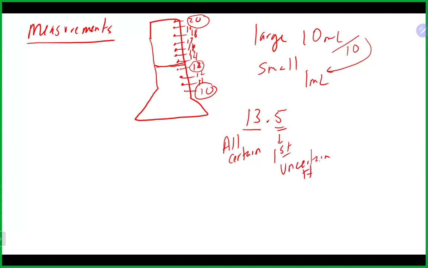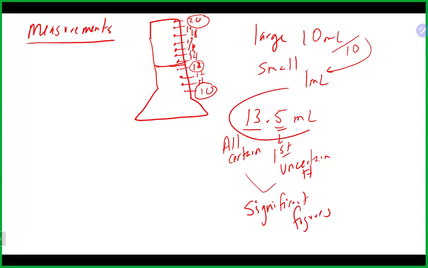And with that first uncertain number, that is what we want to record, obviously, with our units. When we do that, as we talked about last time at the end, that is significant figures, basically. And this would have 3 significant figures in this particular case, with the uncertainty lying in the last digit.